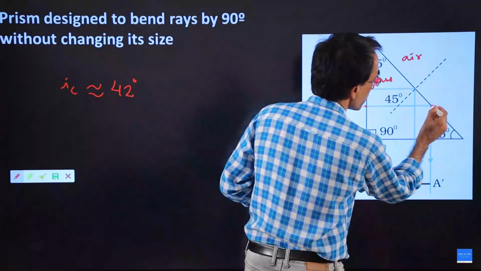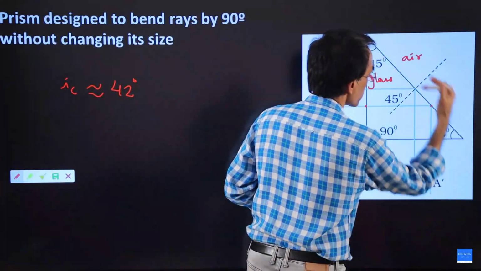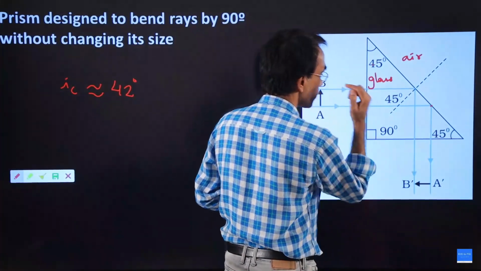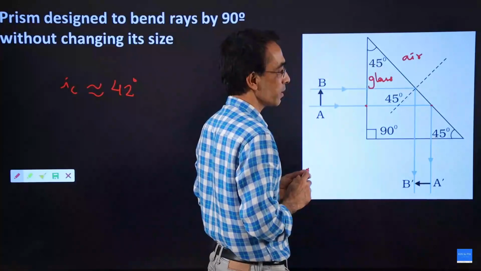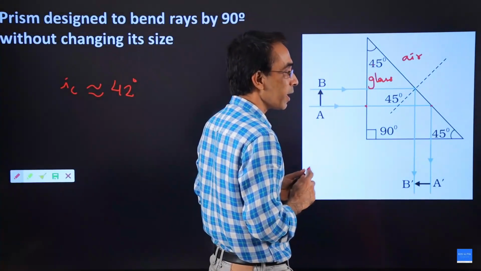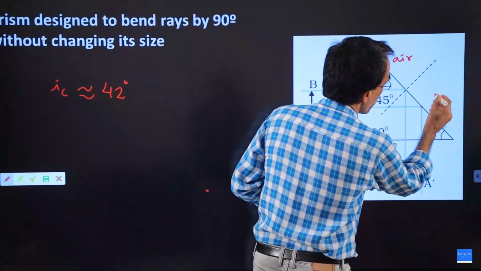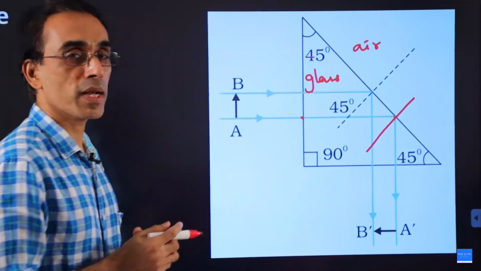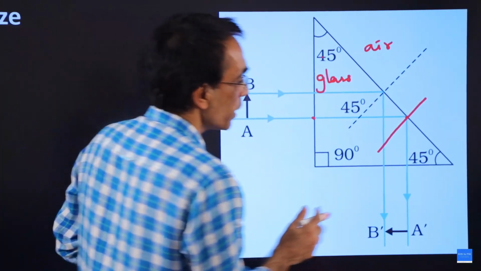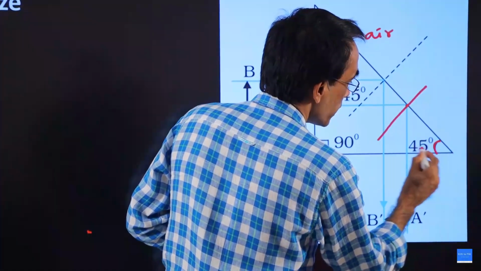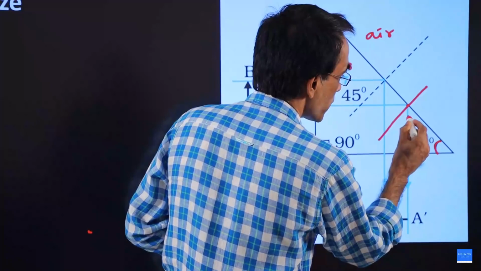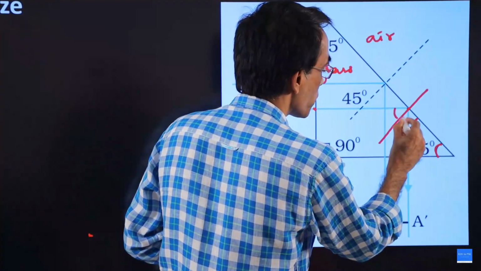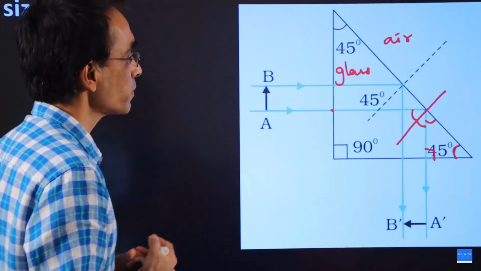But this will hit this inclined surface. And you can see the prism has angles 45 degrees, 45 degrees and 90 degrees. Now I need to find out the angle of incidence here. I draw a normal at that point, and I know that this angle is 45 degrees, this will be 90 degrees, so this will be 45 degrees, this will be 45 degrees, this will also be equal to 45 degrees.